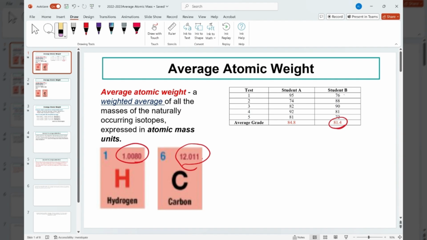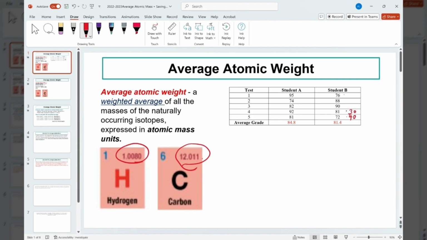So let's say, for instance, our teacher wants to weight exam 5 at 40%. That means that of all their tests, exam 5 is worth 40%. Let's say they want to weight exam 4 at 30%.